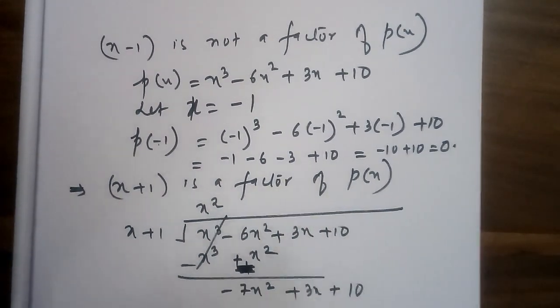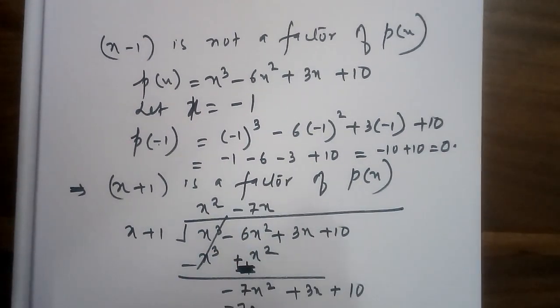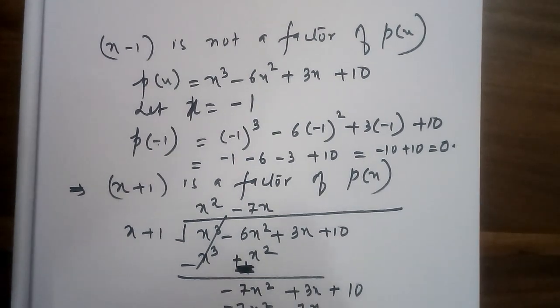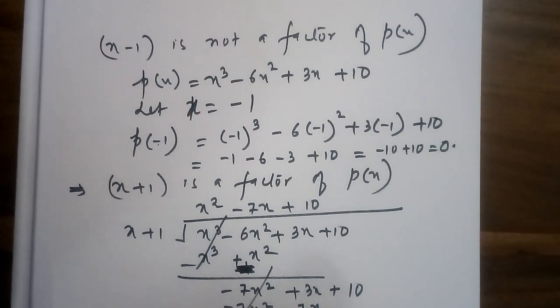Next I write over here minus 7x. So I get minus 7x square minus 7x. I again change the sign. This gets cancelled out. So I get 10x plus 10. I change the sign, I get 0.